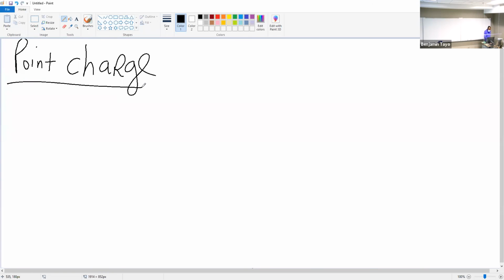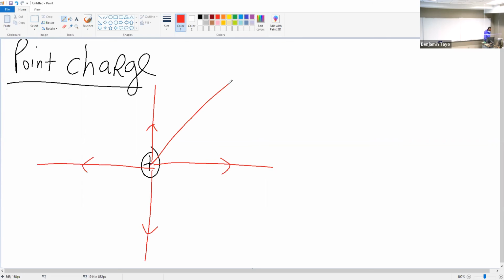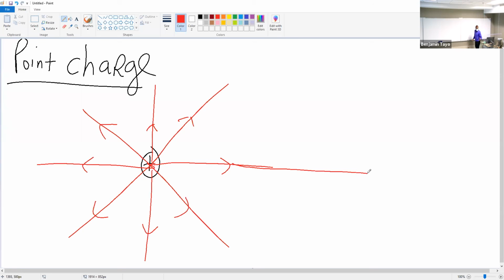So for a point charge, remember that the electric field lines point radially. This is an example of a non-uniform field, right? Because the electric field is not the same, it's changing. Now, let me draw a surface right here.